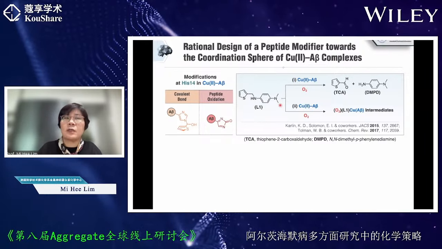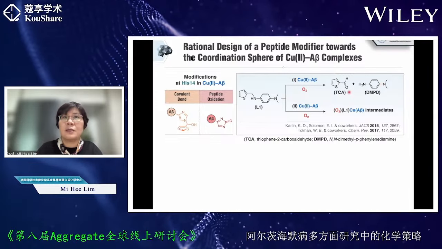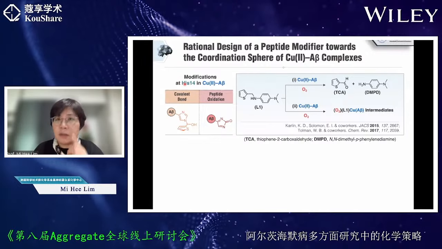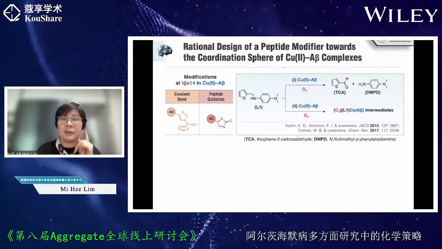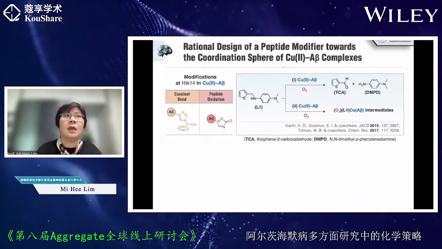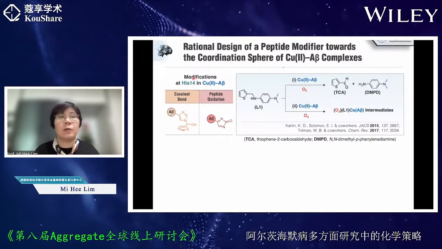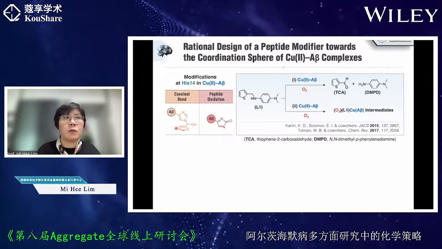this L1 generates an aldehyde through N-dealkylation. This aldehyde, I want to point out, reacts with histidine 14. A-beta has three histidines: 6, 13, and 14. It is specifically the histidine 14 residue that covalently interacts with this aldehyde, making a covalent bond.